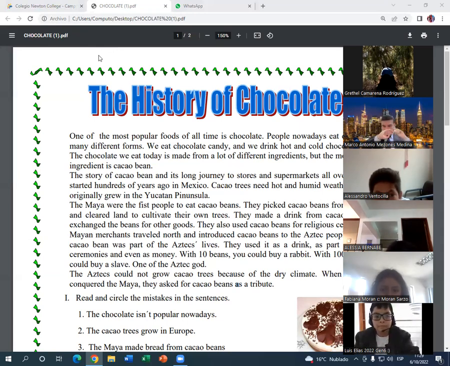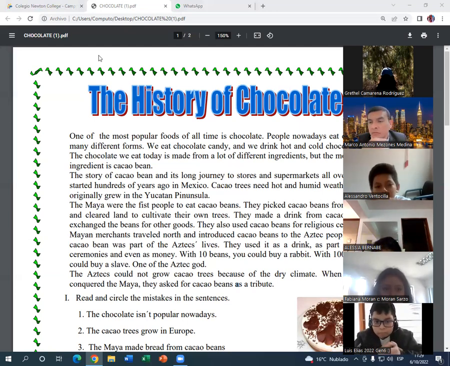The story of cacao bean and its long journey to stores and supermarkets all over the world started hundreds of years ago in Mexico. Cacao trees need hot and humid weather, and they originally grew in the Yucatan Peninsula.